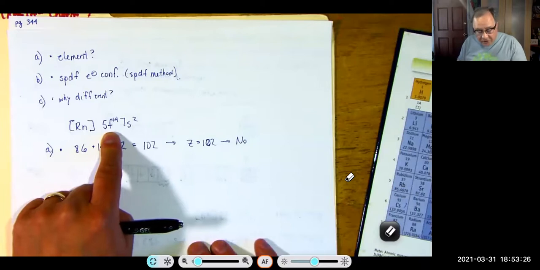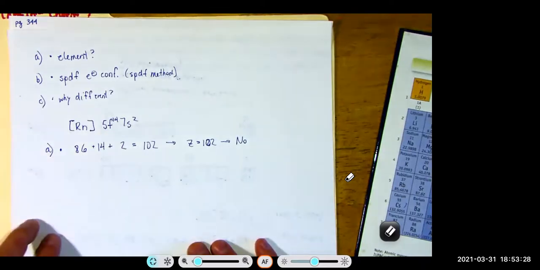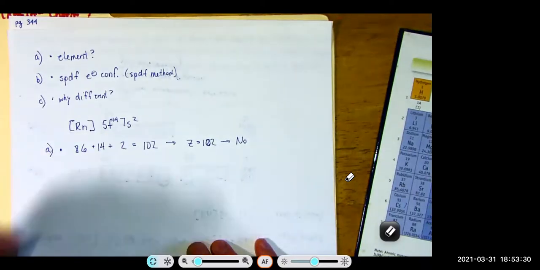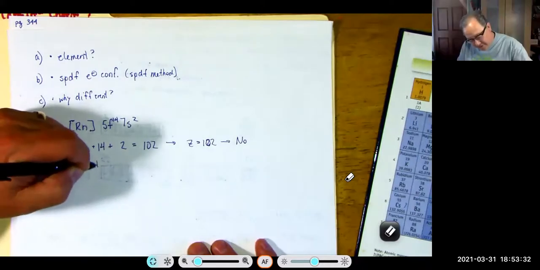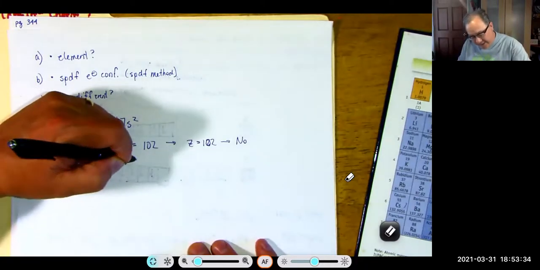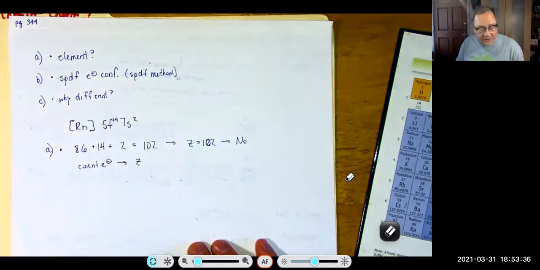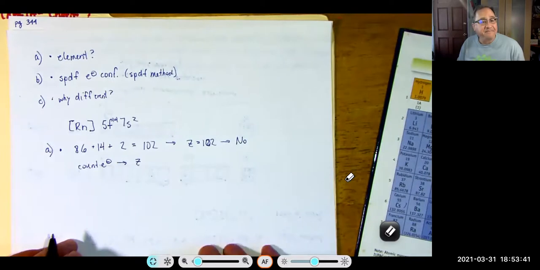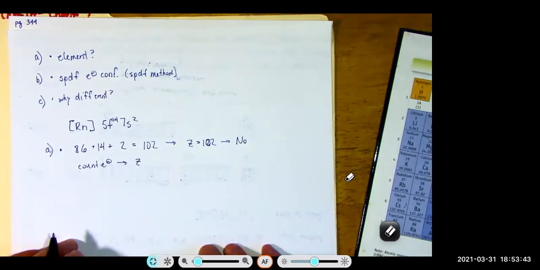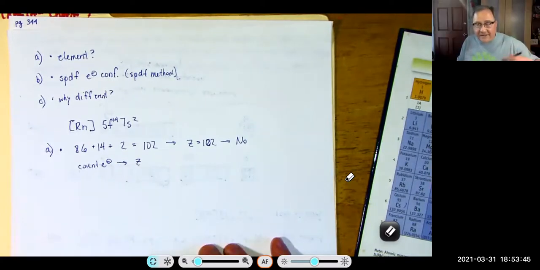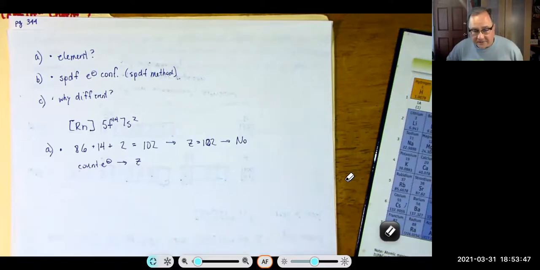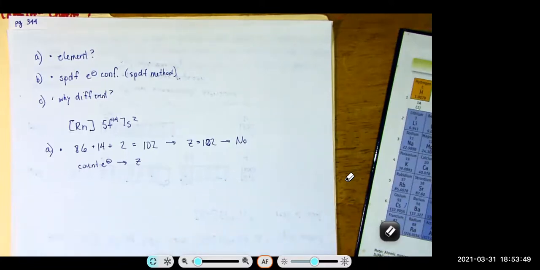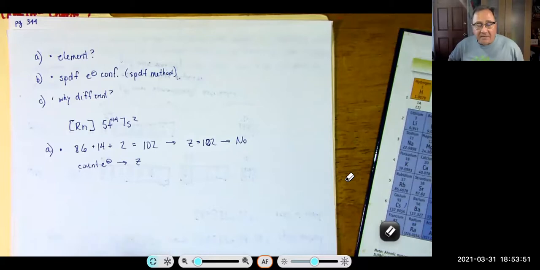Don't do that. What do you do instead? Add up the electrons. Count electrons, and then find the Z with the same number, or find the element with that atomic number.